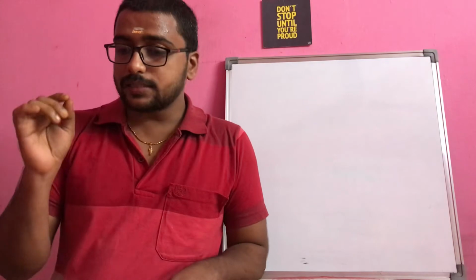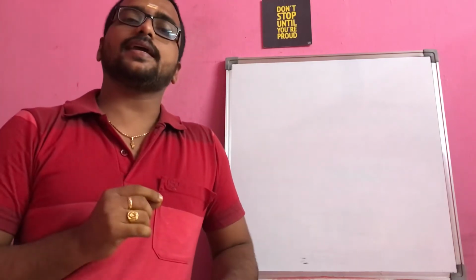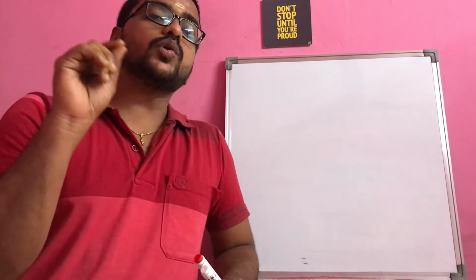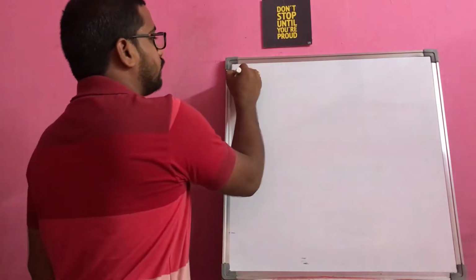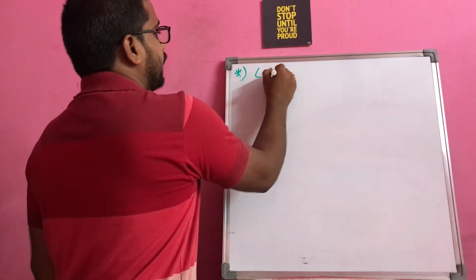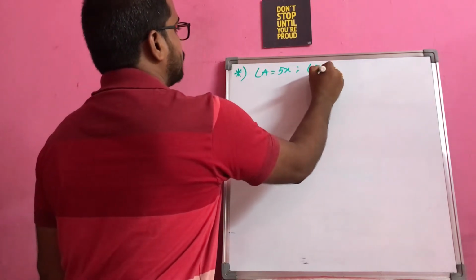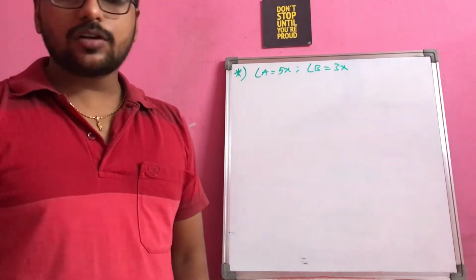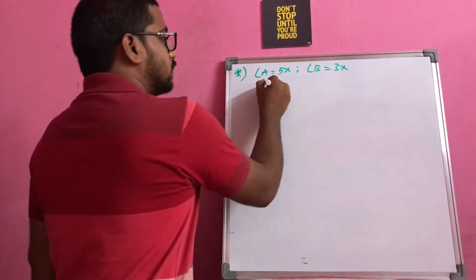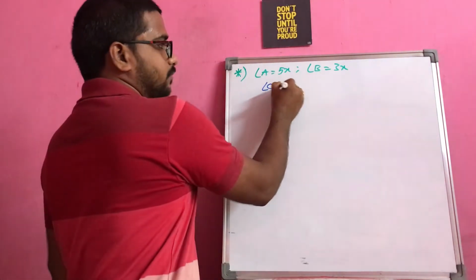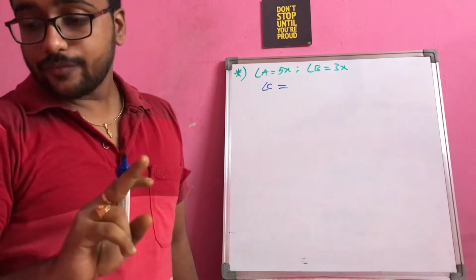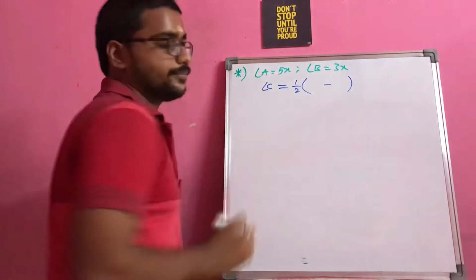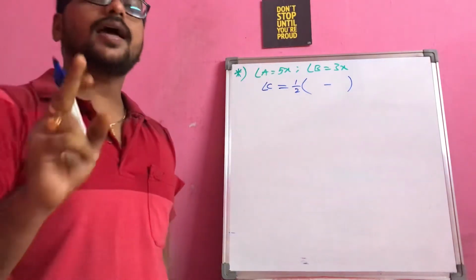See this. The measures of two angles of a triangle are in the ratio 5:3. So let us say angle A is equal to 5x and angle B is equal to 3x. Okay, that is the basic information. The measure of the third angle is equal to half the difference of the measures of the above two angles.